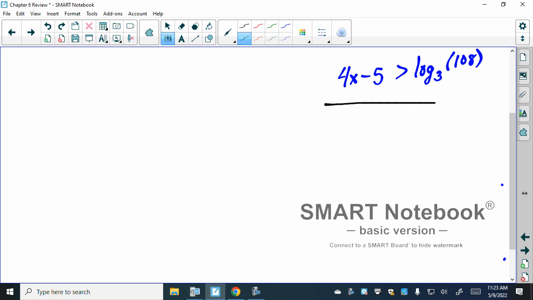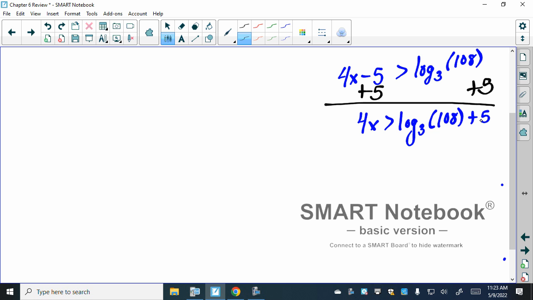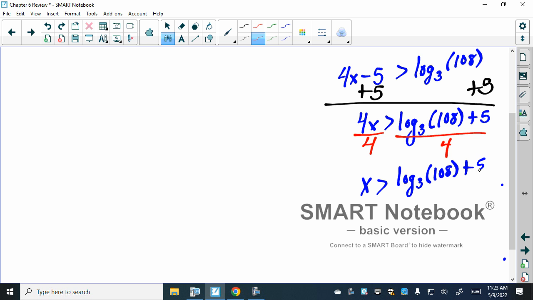Now we just need to get the value of x by itself. So the first thing we can do is add 5 to both sides, telling us 4x is greater than log base 3 of 108 plus 5. And last but not least, we would need to divide both sides by 4, telling us x is greater than log base 3 of 108 plus 5, divided by 4.